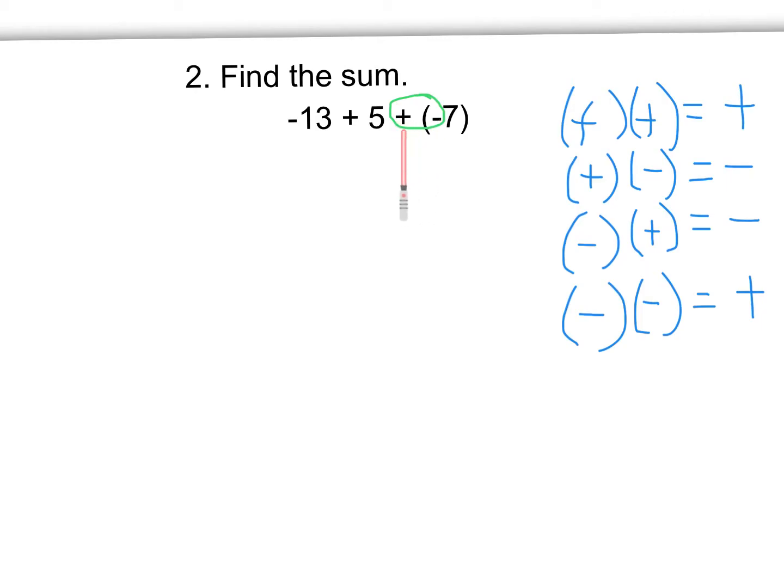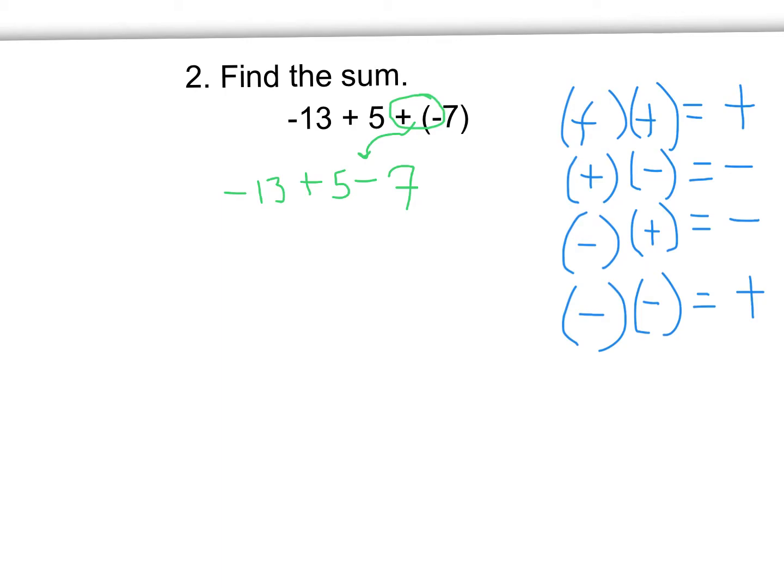Okay. So, back to our instance up here. Looking at this, if I'm adding a negative, that really means we're subtracting. So what we're going to do is change that over into a subtraction problem. So negative 13 plus 5 minus 7. So we change that double sign into a flat out negative.